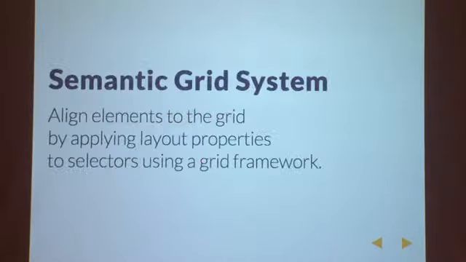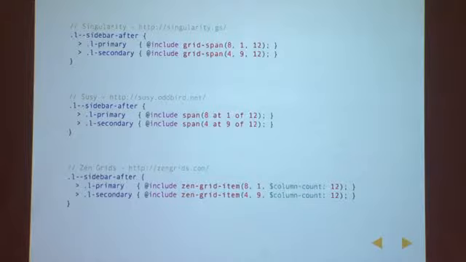So the alternative is a semantic grid system. Align elements to the grid by applying layout properties to selectors using a grid framework. This allows us to choose which selectors we want these properties, like the width and the margins, on. This is like what I was showing earlier with Suzy.